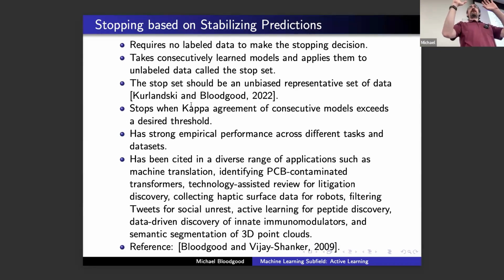There would be an assumption if you're using a static unlabeled pool and a static stop set, that that stop set is representative of the application time, the unseen examples on which your learned model will be used for a useful purpose.